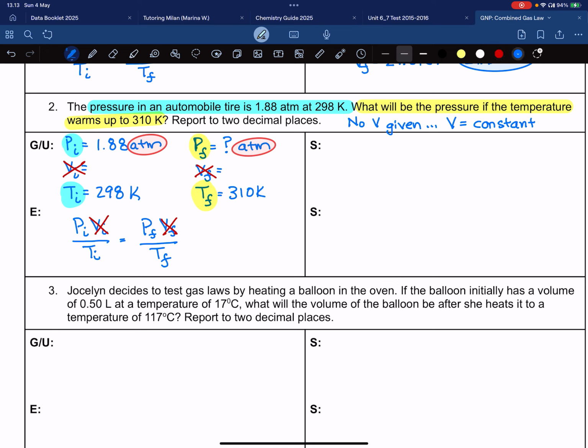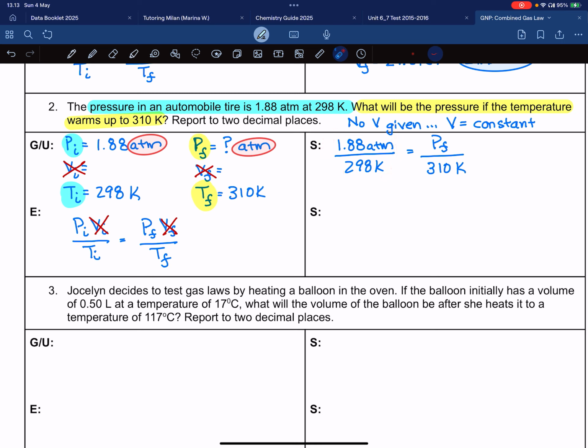Now we're going to substitute. PI is 1.88 atmospheres divided by TI, 298K, is equal to PF, which I don't know, that's my unknown, divided by 310K. Now, I'm going to take those numbers right there, and I'm going to go ahead and divide them and find out what they are, okay?